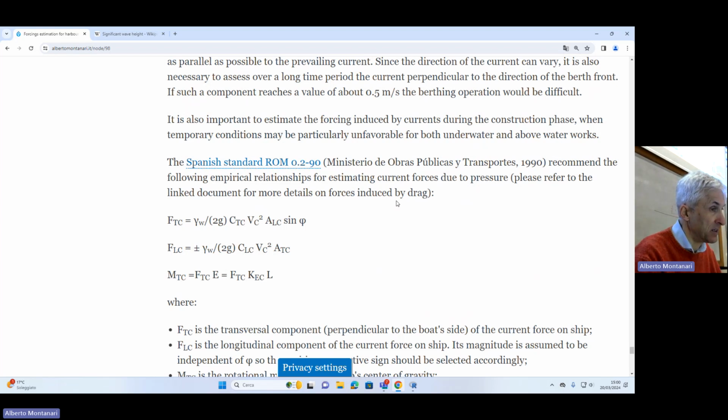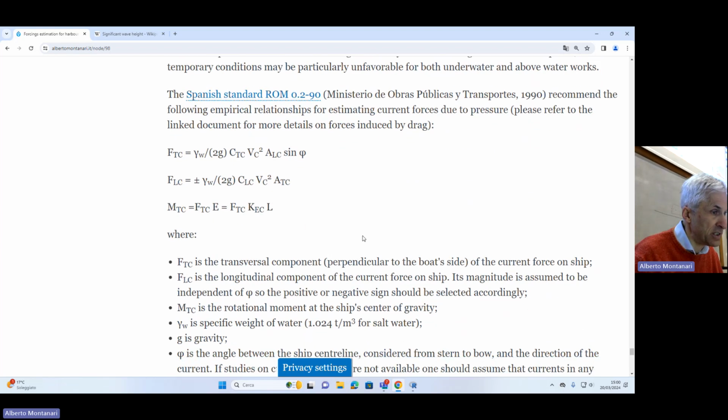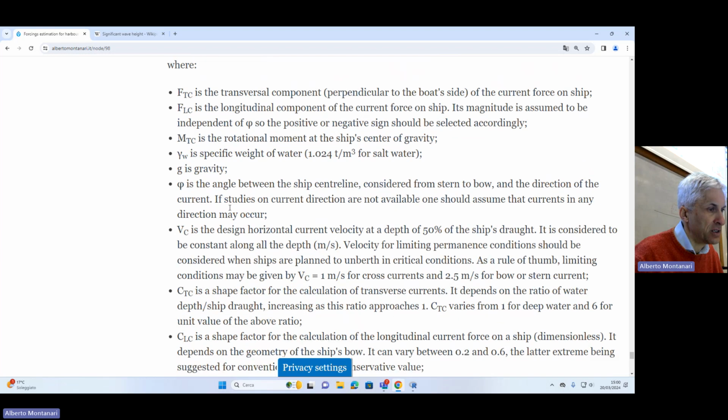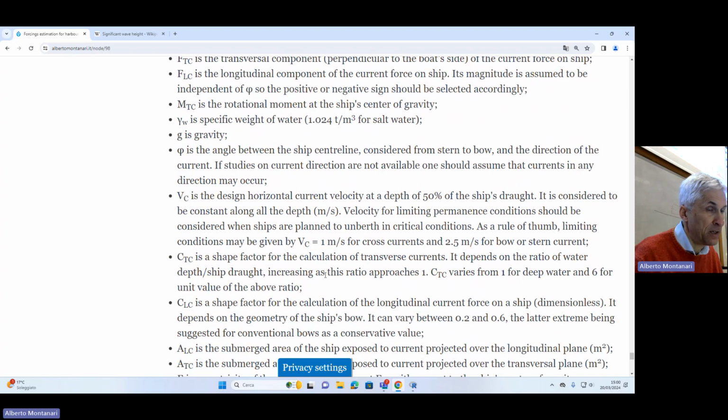Then there is the density of water. Once again, there is a coefficient, CTC, which is a shape factor for the calculation of transverse currents.